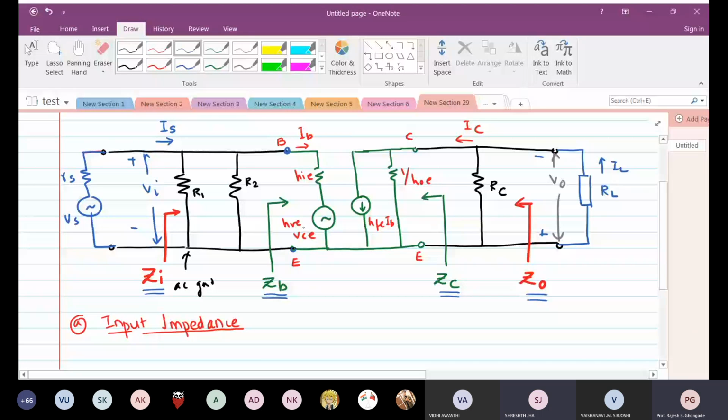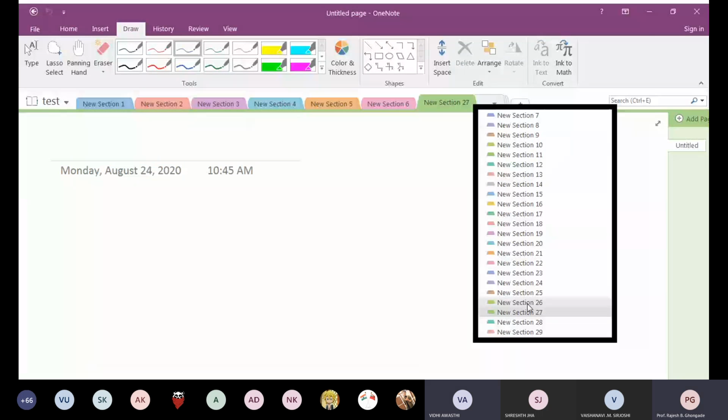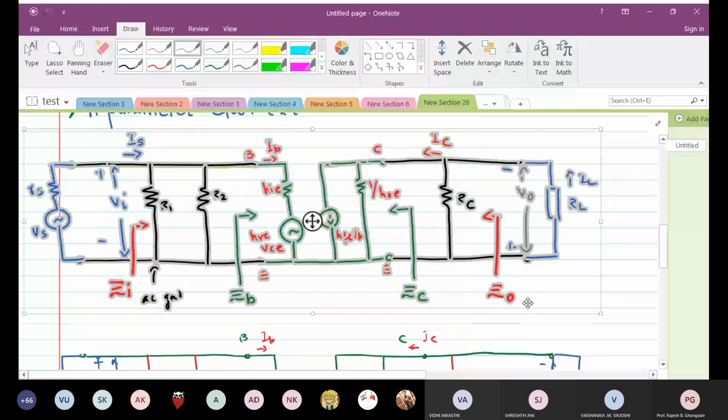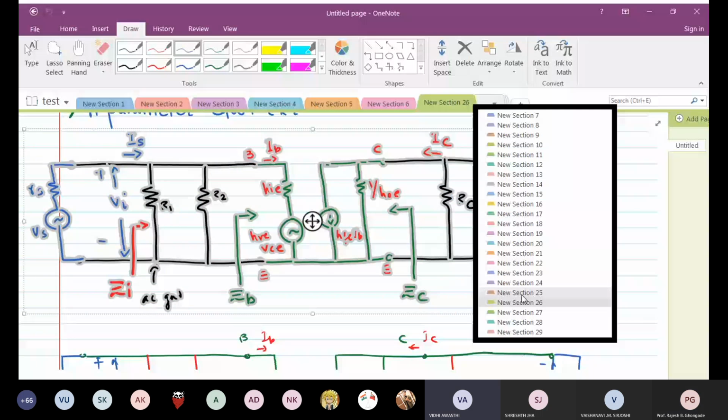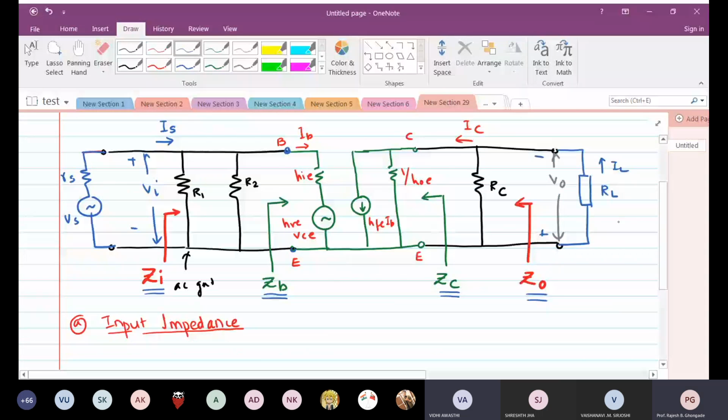Please remember that HRE, what is the value of HRE? Go back to the table and see. HRE for common emitter. Yes, what is the value? Sir, it is 2.5 into 10 to the power minus 4. Minus 4 or minus 5, isn't it? Minus 4. So it is a very small value.